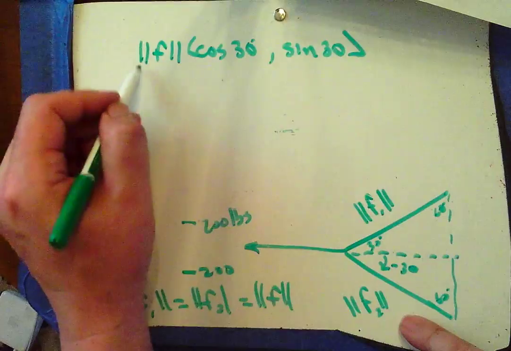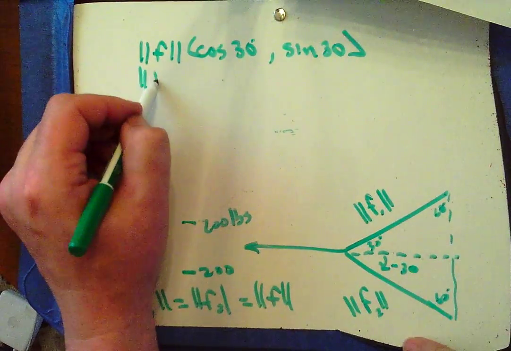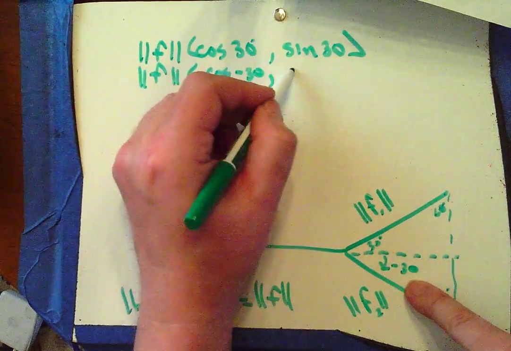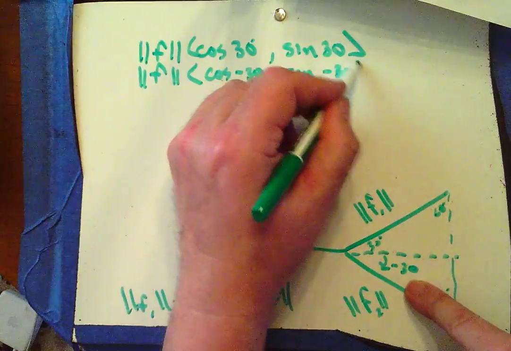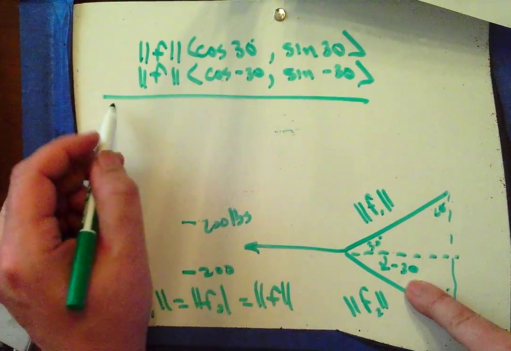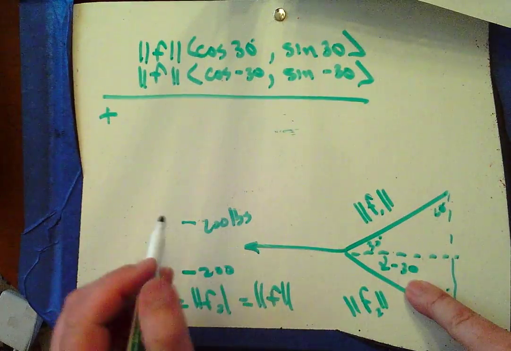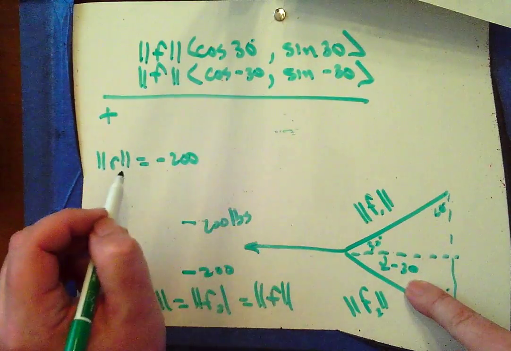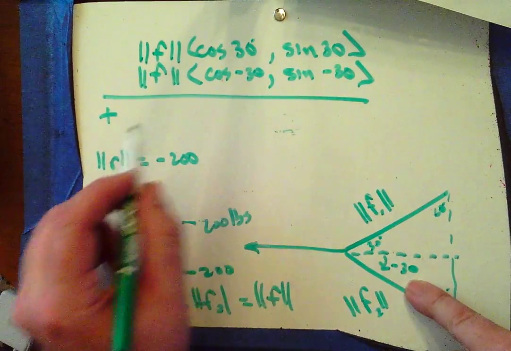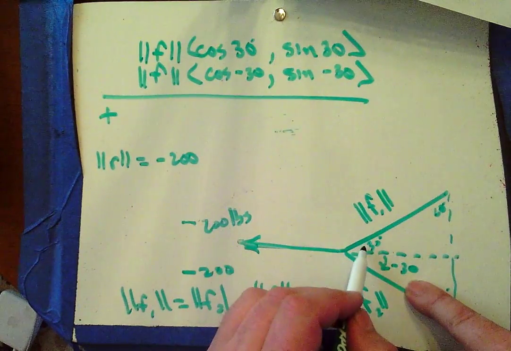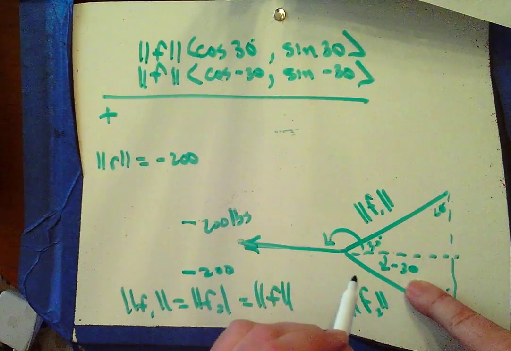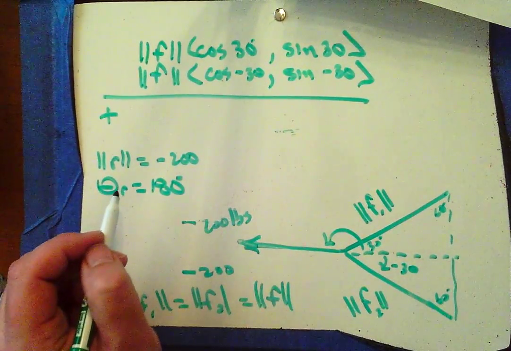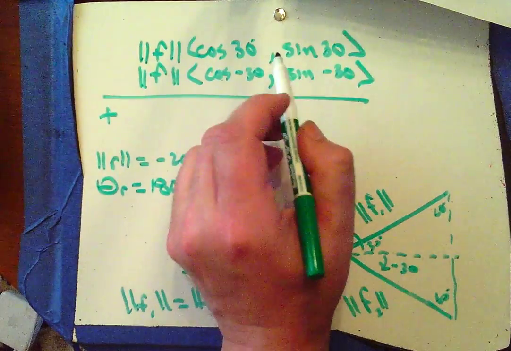And I can describe this one, because the forces are the same, as the magnitude of F times cosine of negative 30, sine of negative 30. I even know some stuff about the resultant vector. I know that the magnitude of the resultant vector is 200 going down, and I even know the direction angle. In this picture, that's my angle for R, so theta R equals 180 degrees.